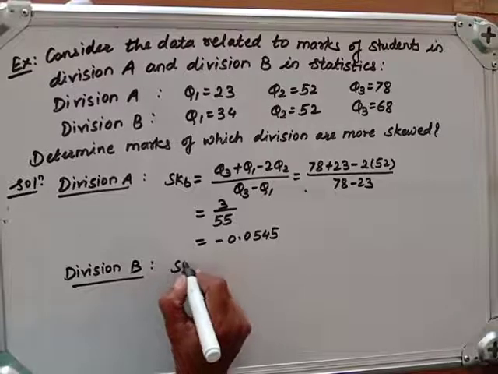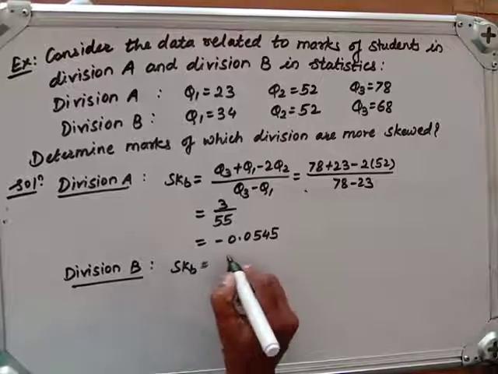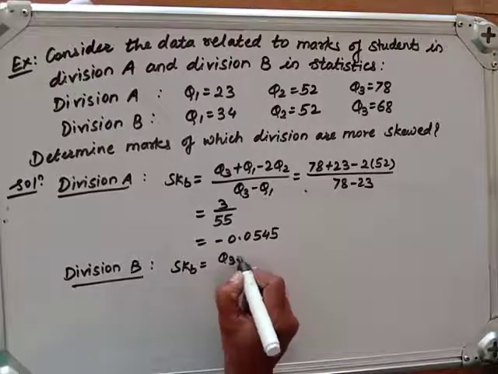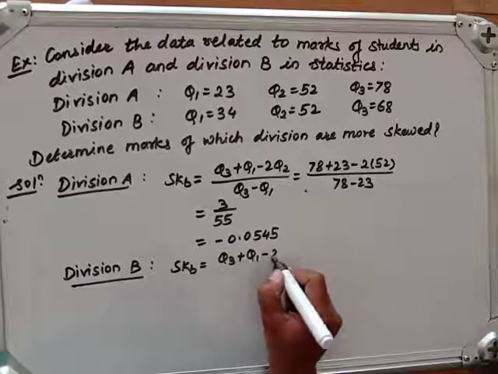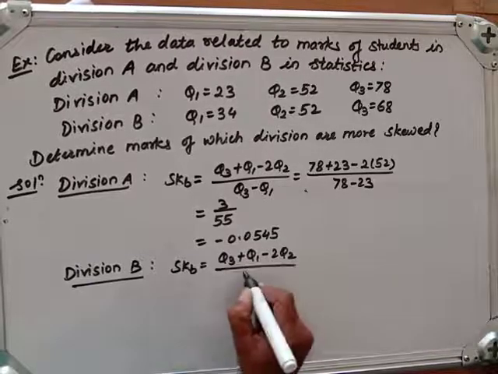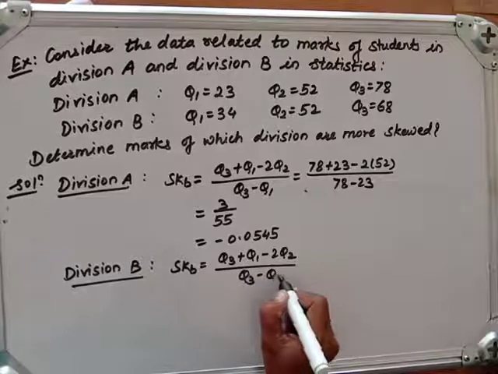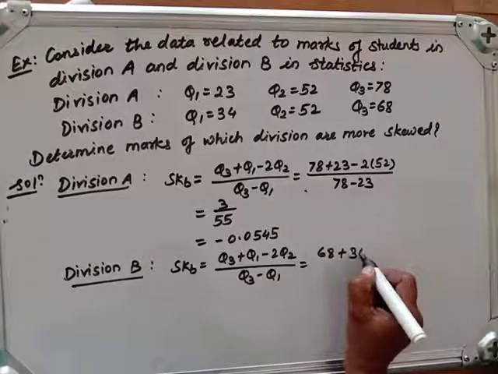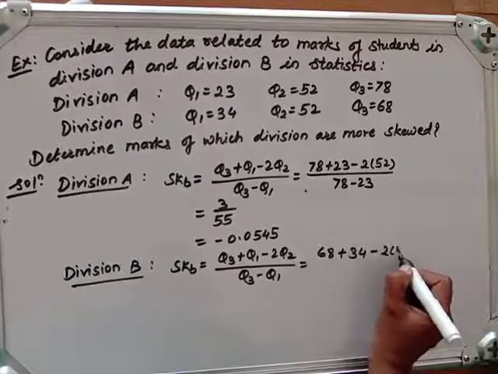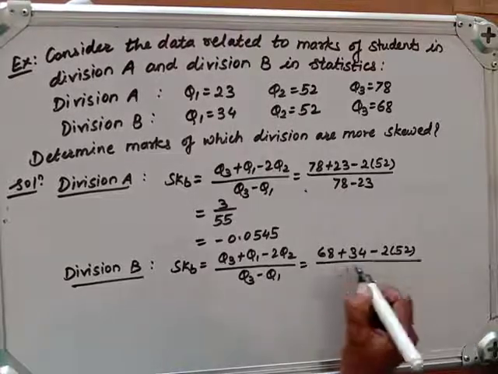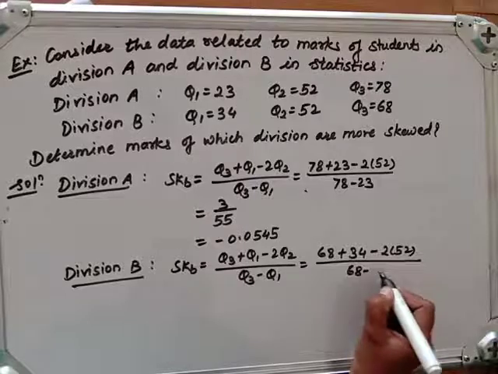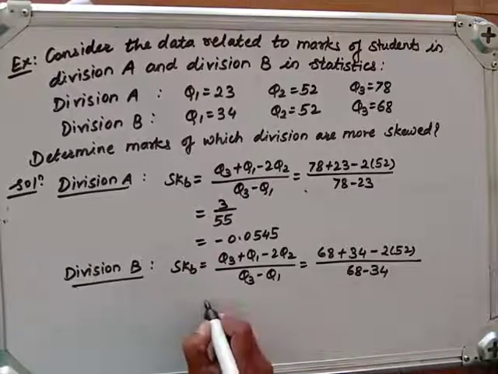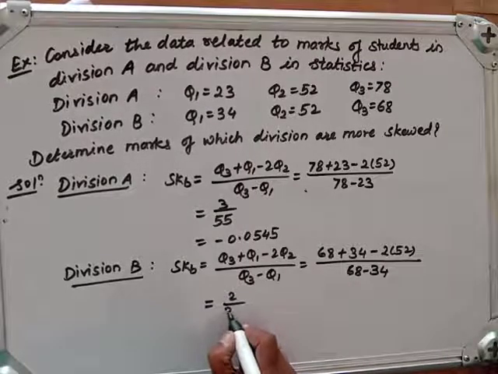Okay. Next one for division B. SKB is Q3 plus Q1 minus 2 Q2 upon Q3 minus Q1. So it is 68 plus 34 minus 2 times 52 upon 68 minus 34. So here it will be 2 by 34.